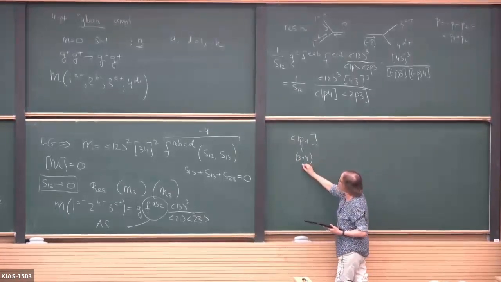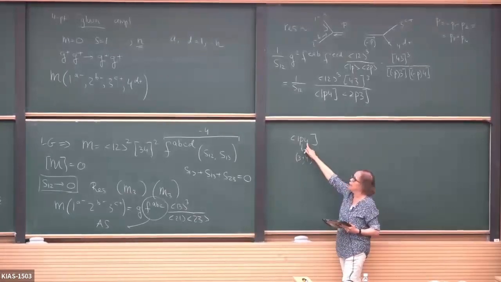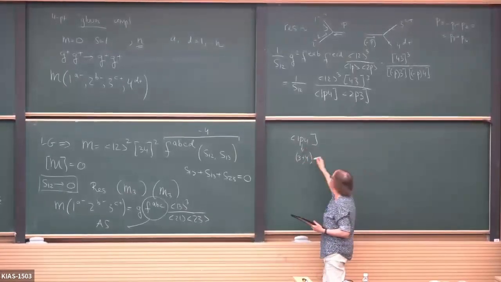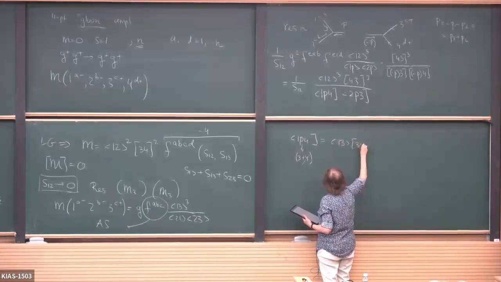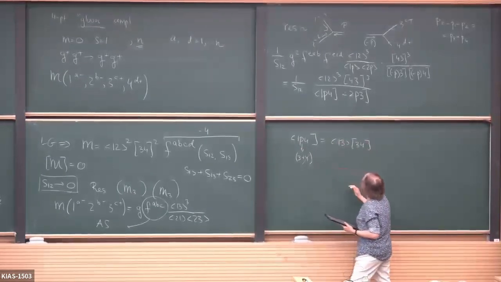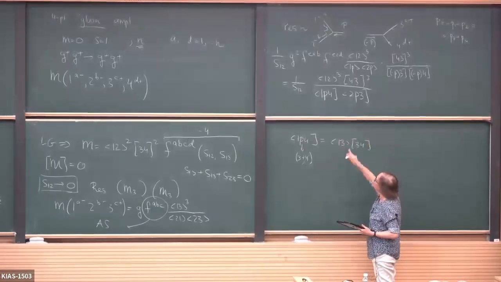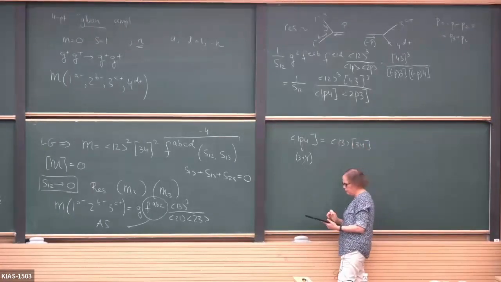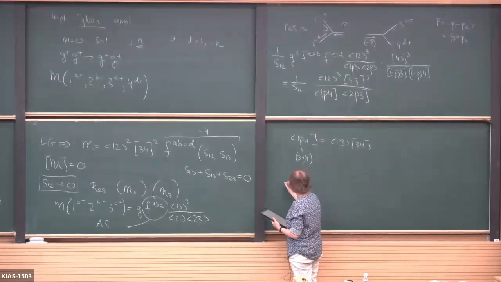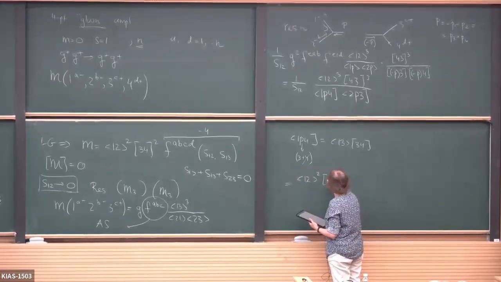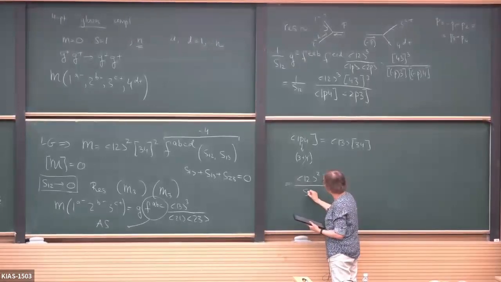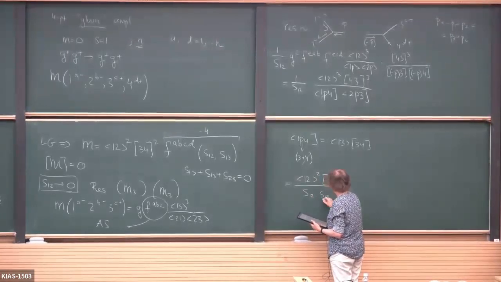The 4 here is not going to contribute because acting on the 4 it gives me 0. So I'm just left with ⟨13⟩ times ⟨34⟩. Similarly, I can do the same thing for the other factor in the denominator. And I can write the whole thing as ⟨12⟩ squared ⟨34⟩ squared divided by S12 S13.